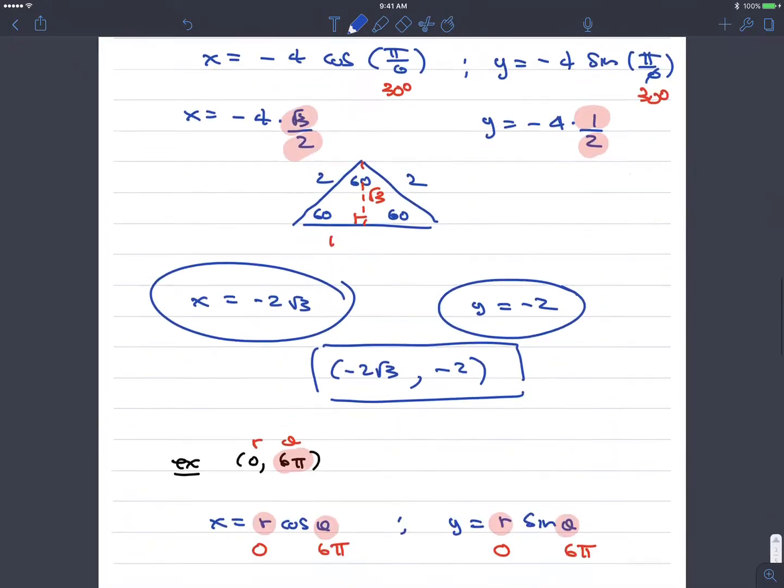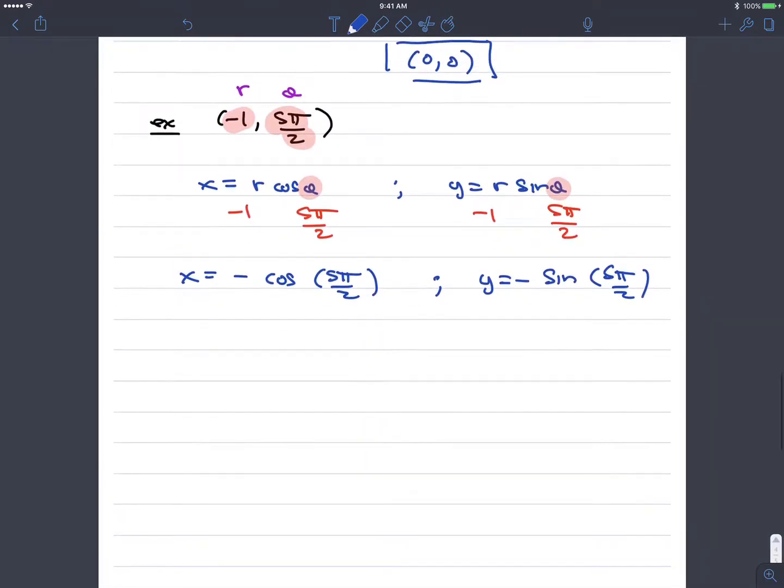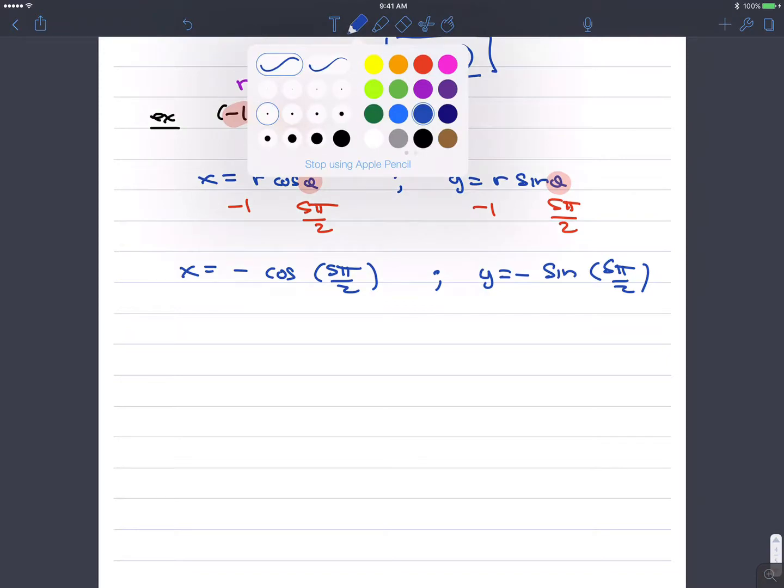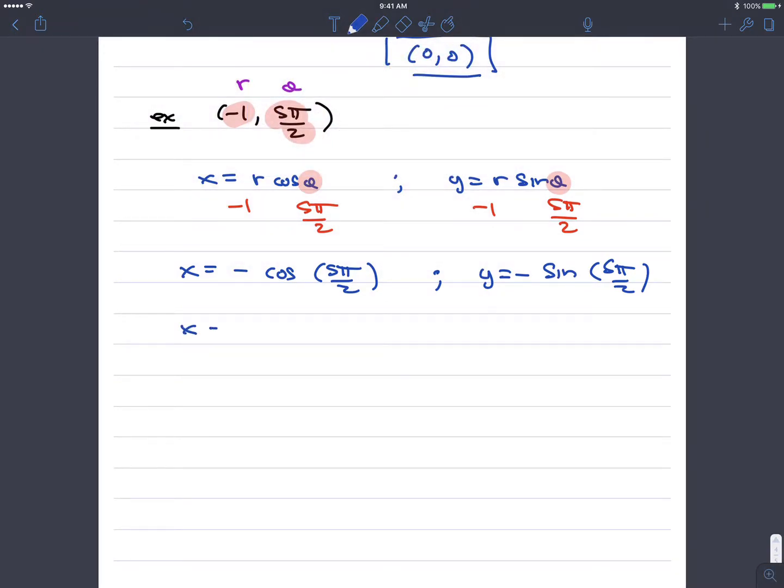Okay, we're going to have to convert this. Let's find these values here. So r is going to be -1. What's cosine of 90, cosine of 5 pi over 2? Anybody know what that is? 0. What's sine of 90? 1. This means that x will be what? 0.